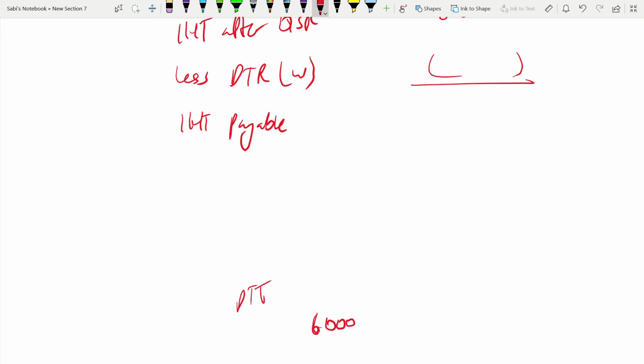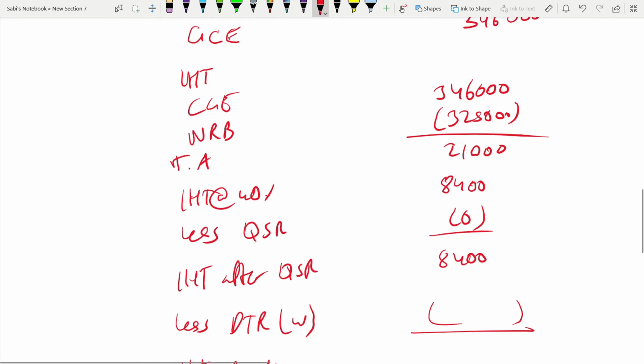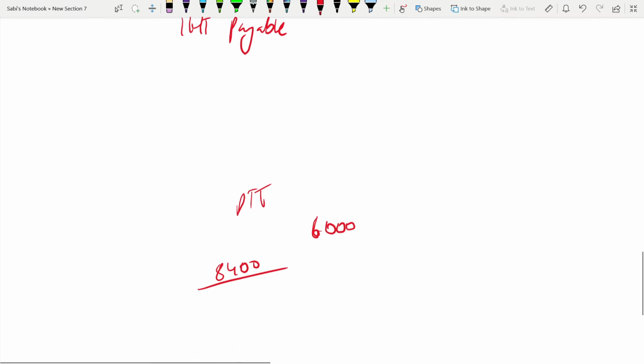Remember, you need the amount of IHT after QSR, 8,400, because you want to find the average estate rate. What is the value of the estate? Gross chargeable is 346,000. There's two things you need, into 100. Which is, you need this percentage actually, 2.428%. Only for this percentage.